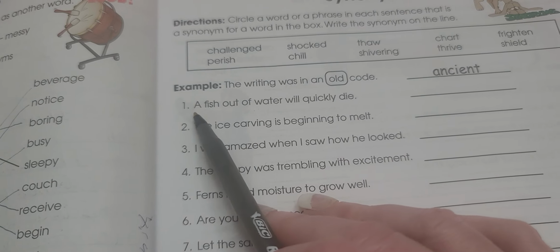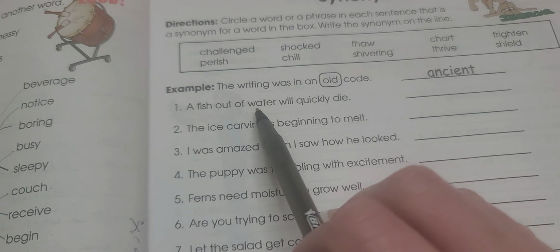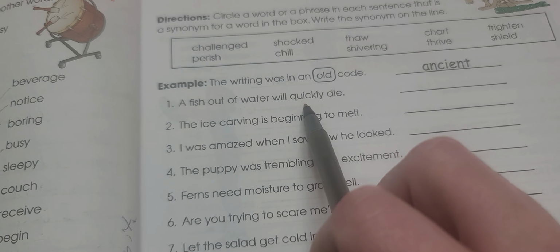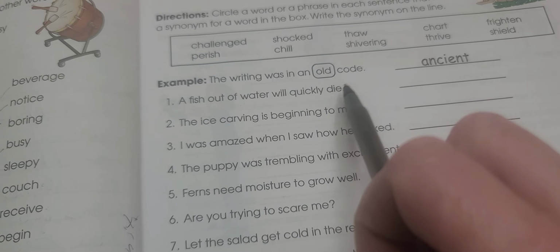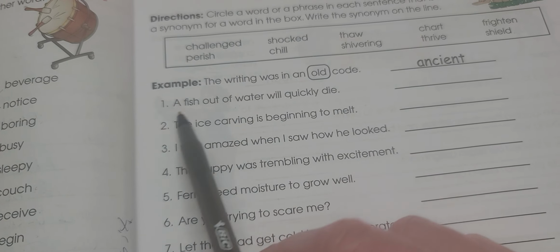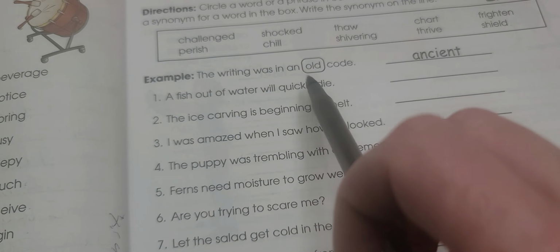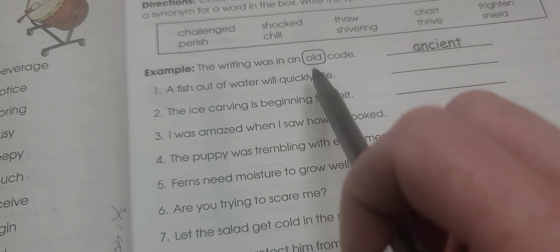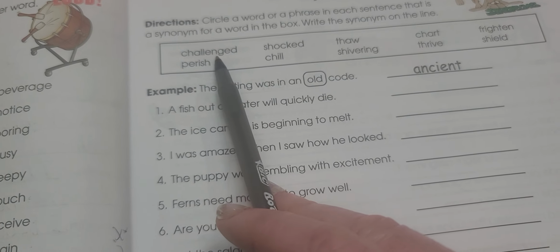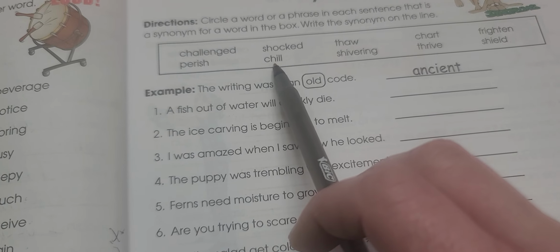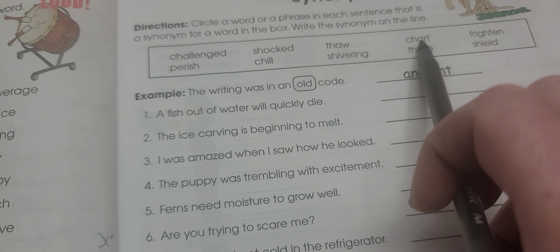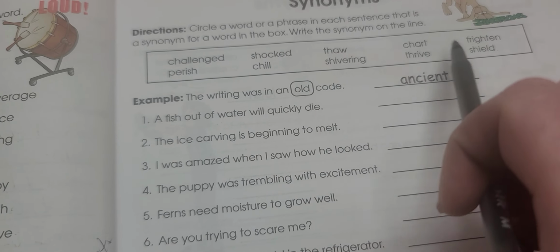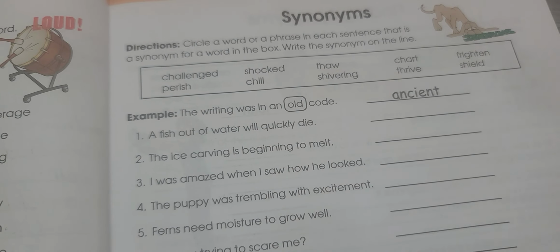Number 1, a fish out of water will quickly die. So, of these words, do you think we have anything that we could use as a synonym? And our word box is challenged, perish, shocked, chill, thaw, shivering, chart, thrive, frighten, or shield.